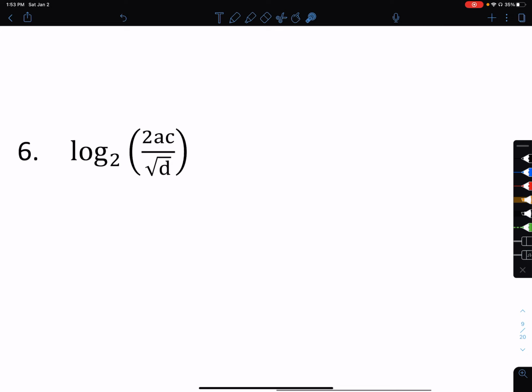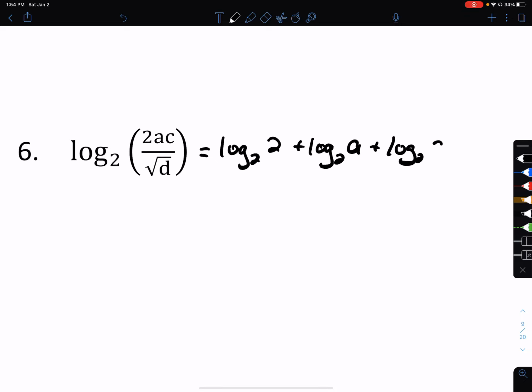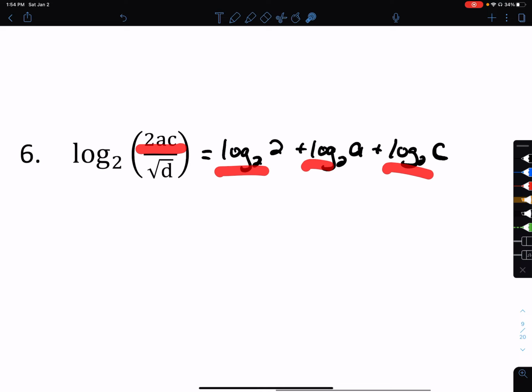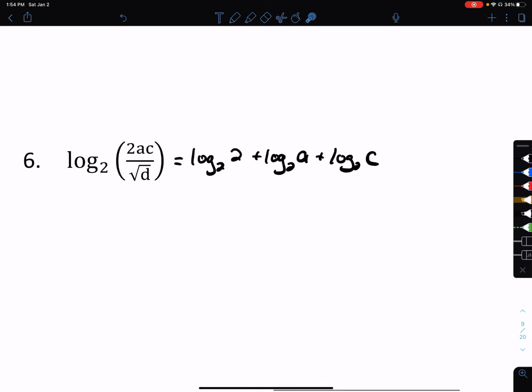Number 6, we could write this as log base 2 of 2, plus log base 2 of a, plus log base 2 of c. All these are pluses, and they're all separate logs because the numerator in the argument has 3 things we're multiplying, a 2, an a, and a c.